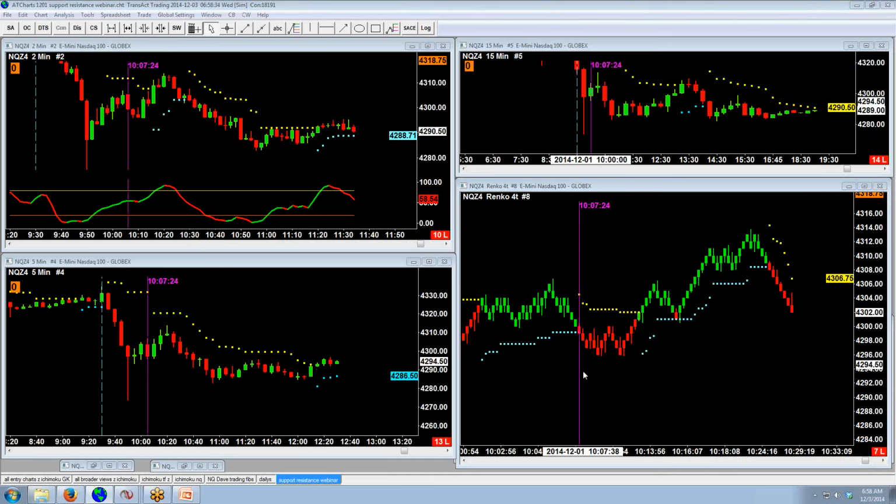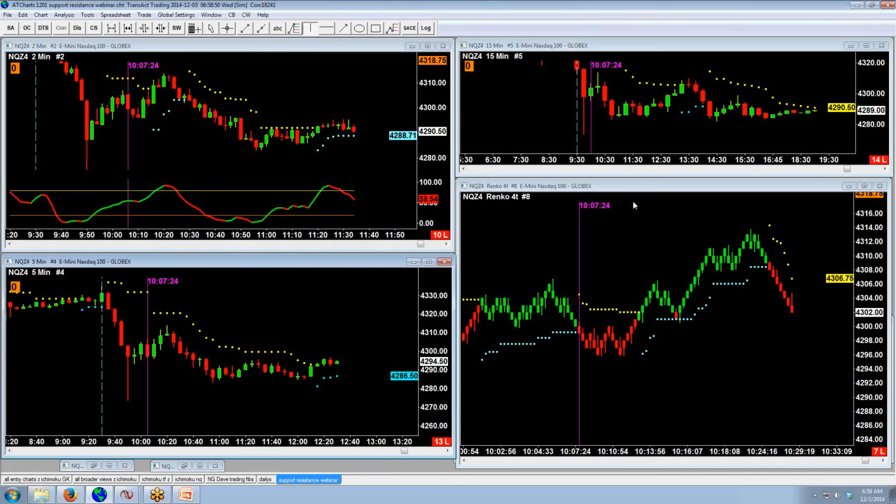So here you can compare. Here's the entry bar here on the lower right. So I can look at this 2-minute chart. Other than some support over here, I don't have any of the dots below, as I mentioned. Same here, and then the same on the 15-minute chart.